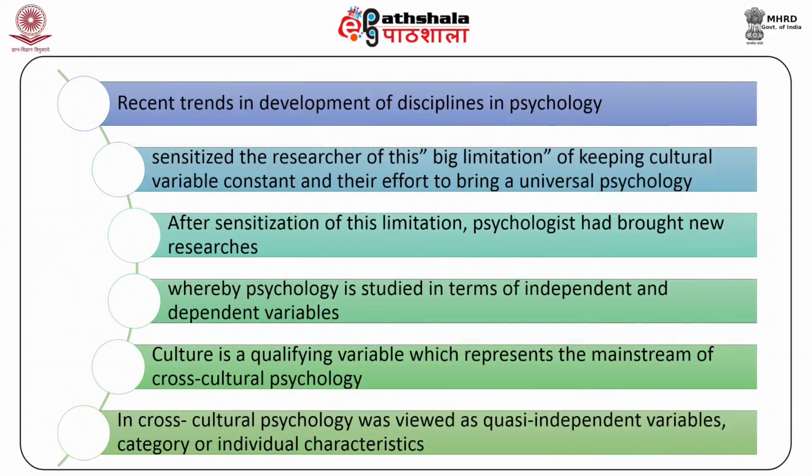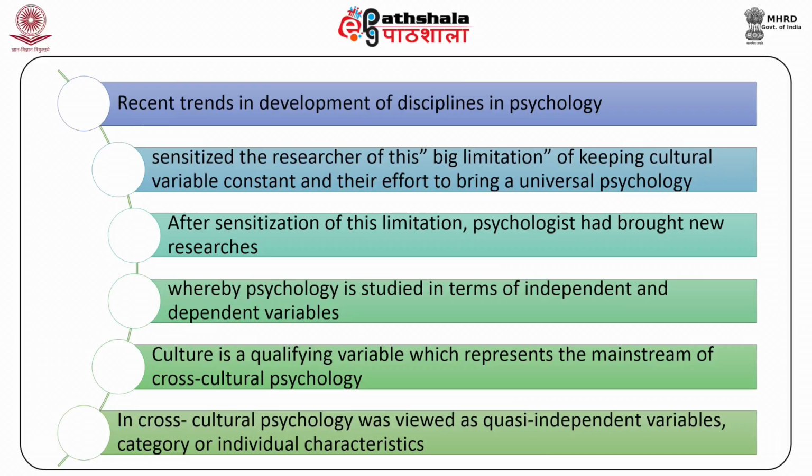Since the inception of psychology, the culture of the individual has been controlled in laboratory conditions and presumed to be kept constant and controlled by researchers. The researchers have been ignoring the influence of culture out of their own vested interest of making psychology a discipline that is universal for all people in different cultures.